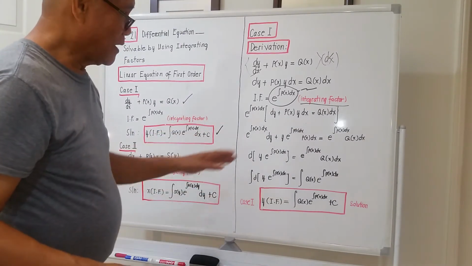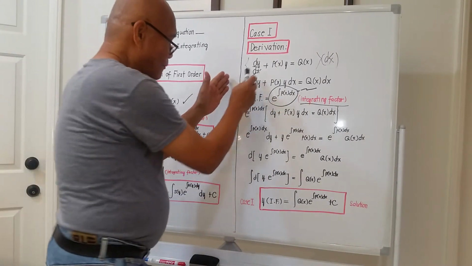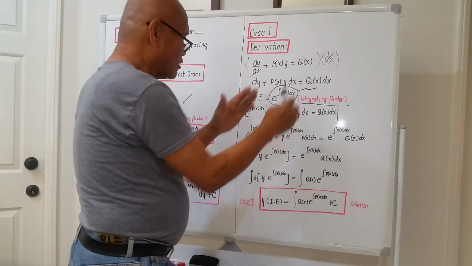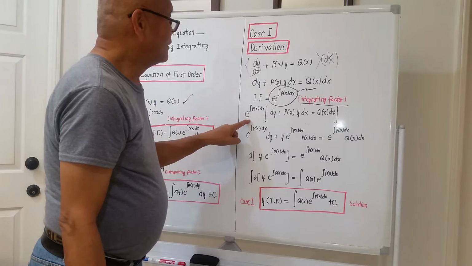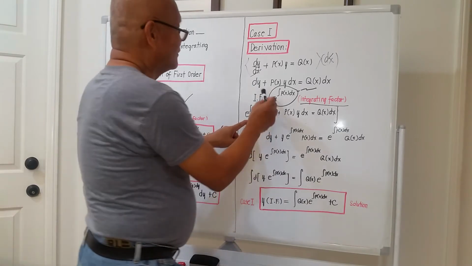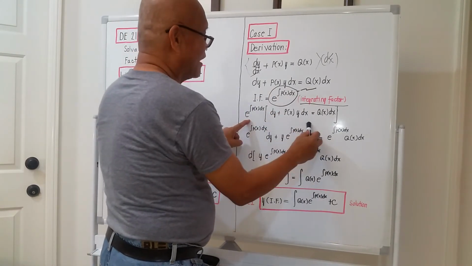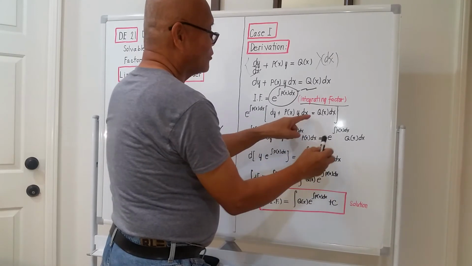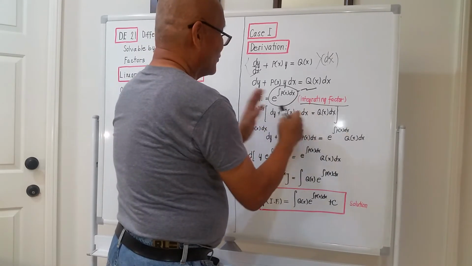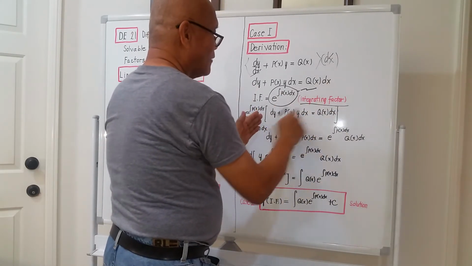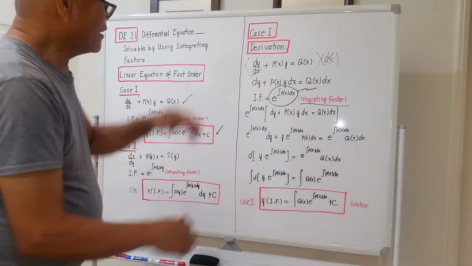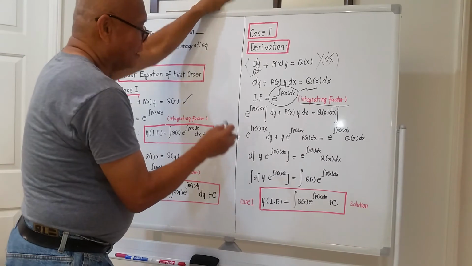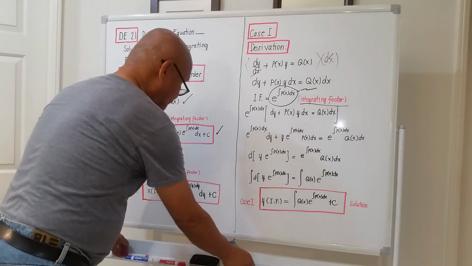We multiply the integrating factor into the whole equation. Let's multiply. This is the integrating factor times this, equal to the right-hand side. Meaning, all the terms on both the left and right will be multiplied by the integrating factor. If we expand, the first expansion is this one.